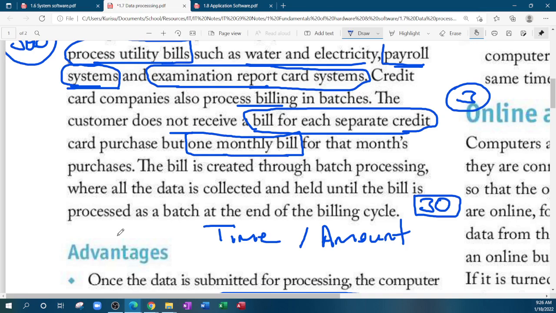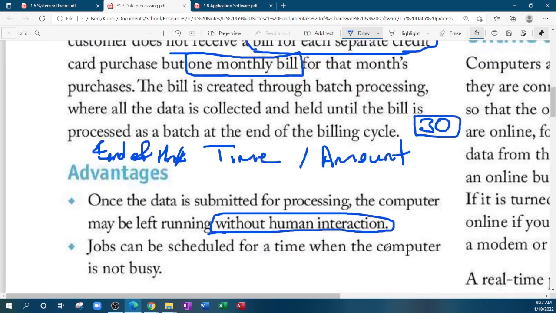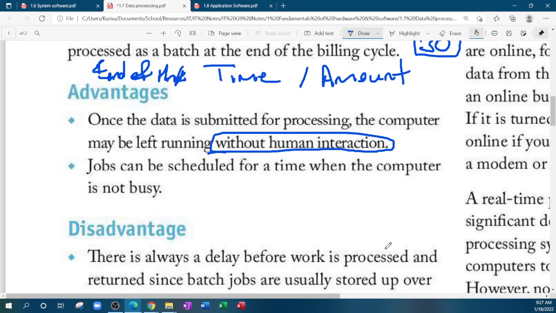So this one could be at the end of the month, that's the time, and amount could be, for example, 30 transactions. So when you reach a certain specific time, the data is going to be processed, or when it reaches a certain amount of input, that's when it's going to process the data.